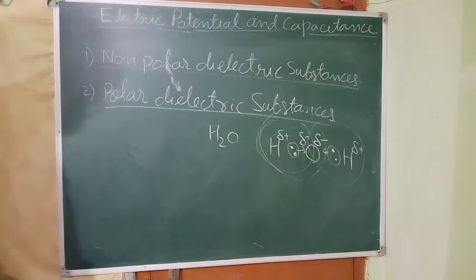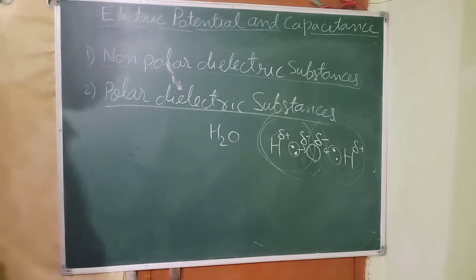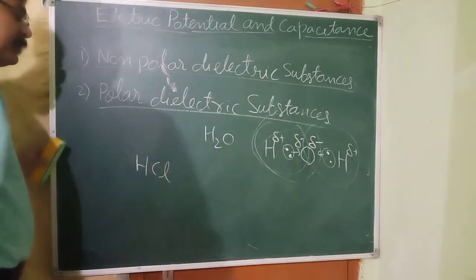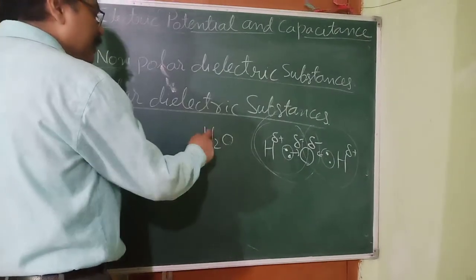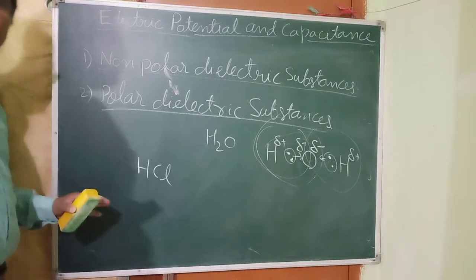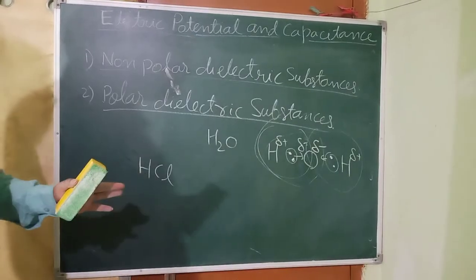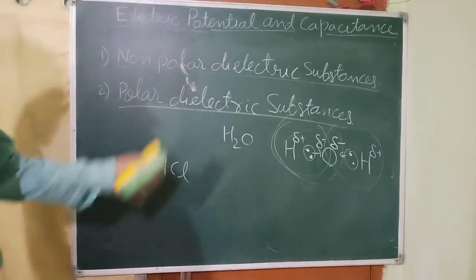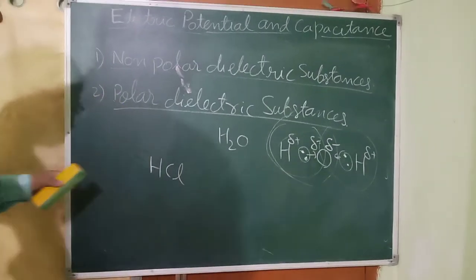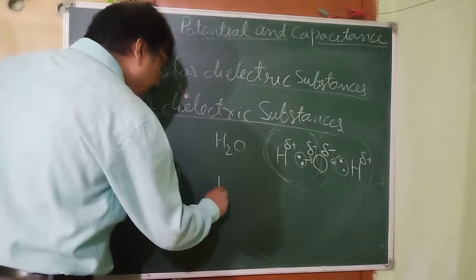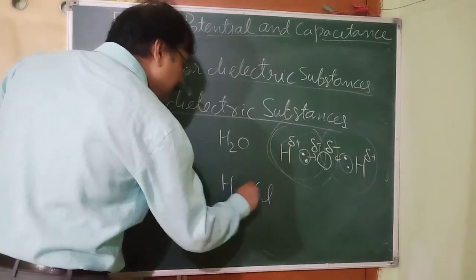Not only H2O, but even HCl, because the electronegativity is not the same for chlorine and hydrogen. Here, you can see chlorine is in the last group, the 17th group, and hydrogen is in the first group or just above the first group. It is placed isolated. So there is a huge difference of electronegativity. When hydrogen and chlorine share the electrons, what happens?